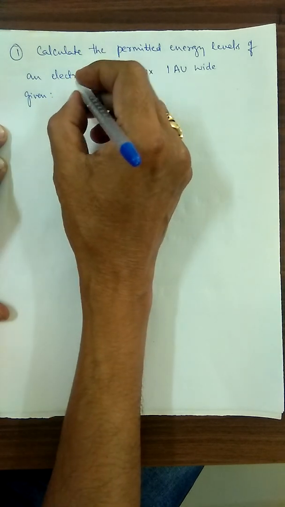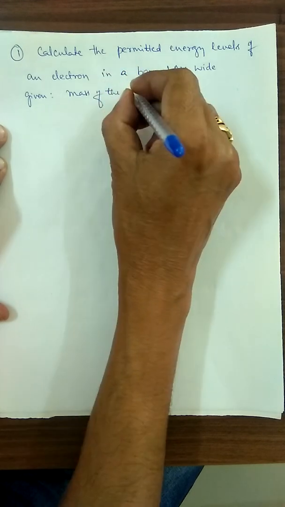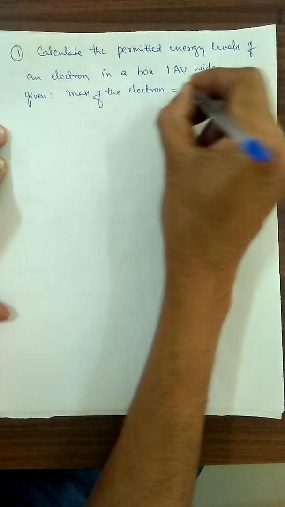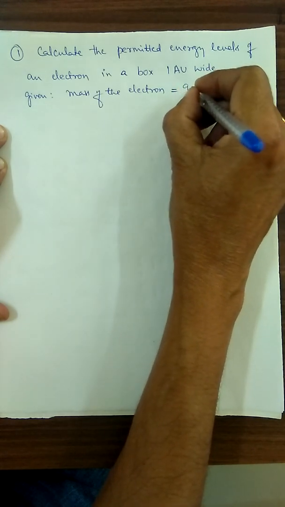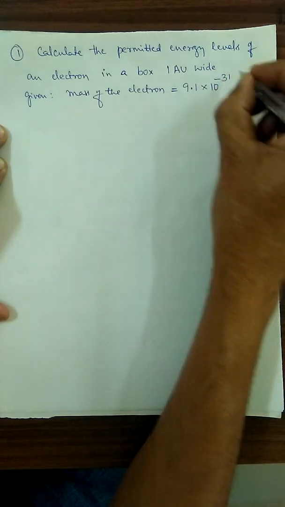Given mass of the electron equals 9.1 10 to the power minus 31 kg.